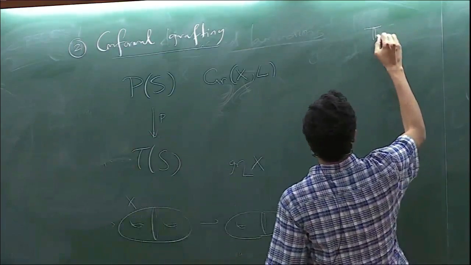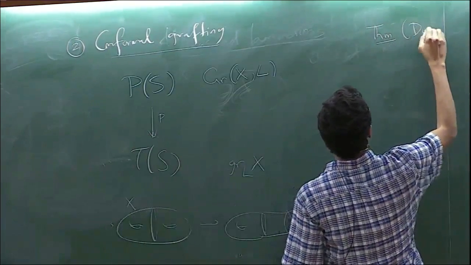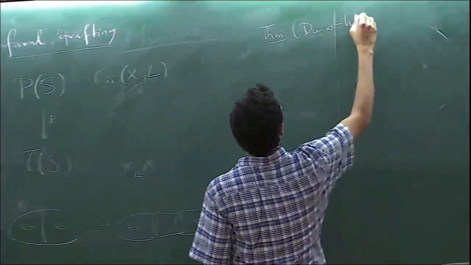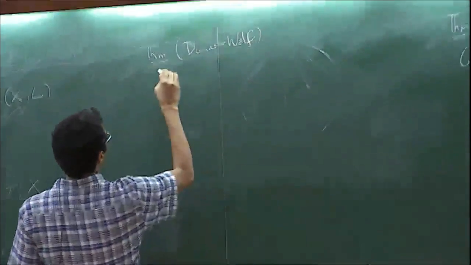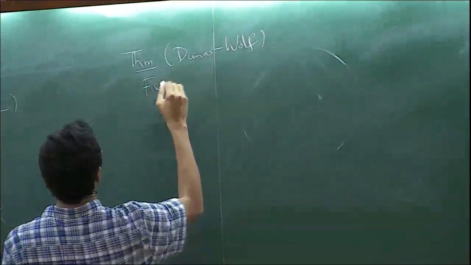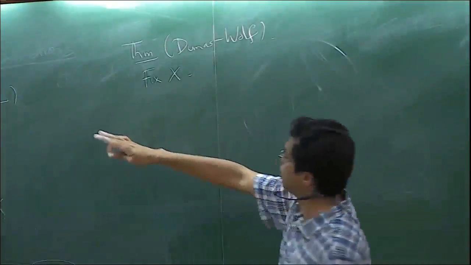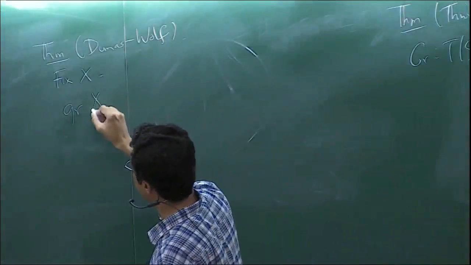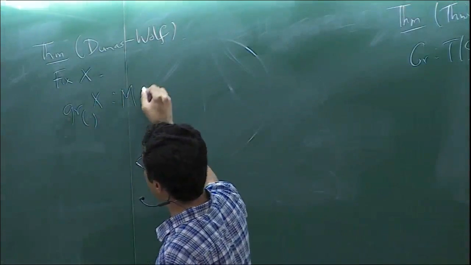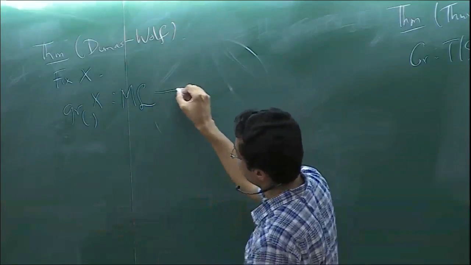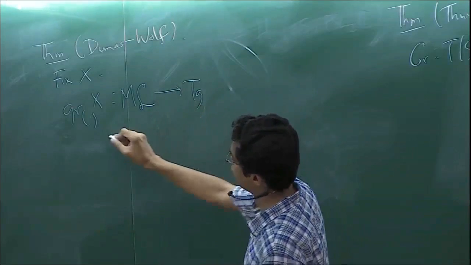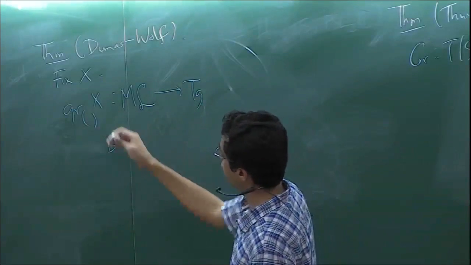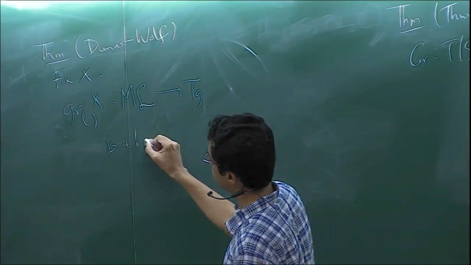So the theorem of Dumas and Wolff is that if you fix some base point, some x in Teichmuller space, and you look at the grafting map, and you vary the lamination, then you in fact parameterize Teichmuller space. So this conformal grafting map is a homeomorphism.